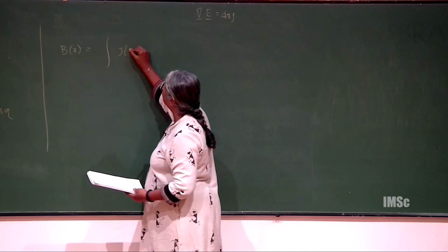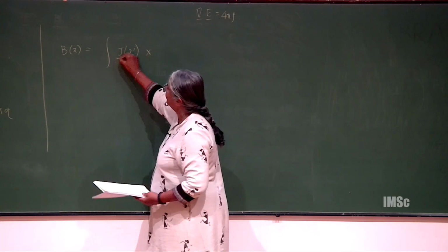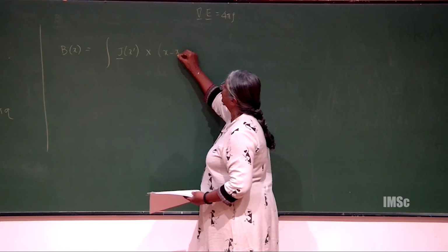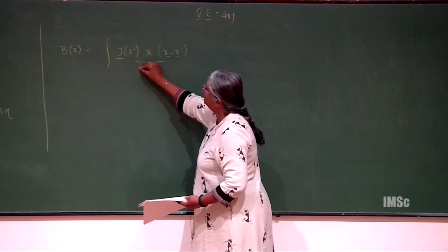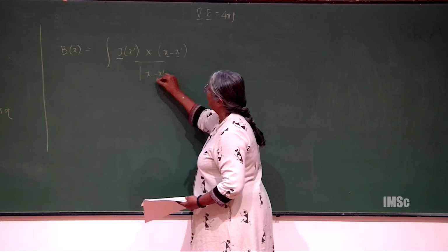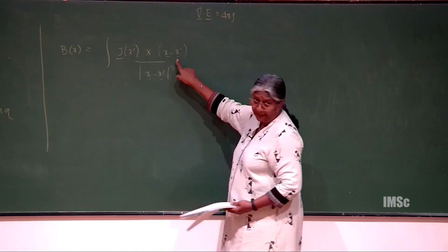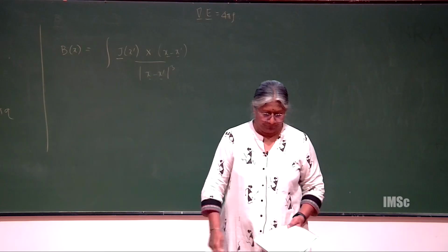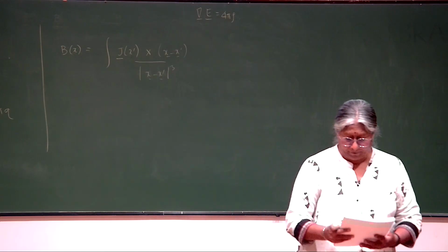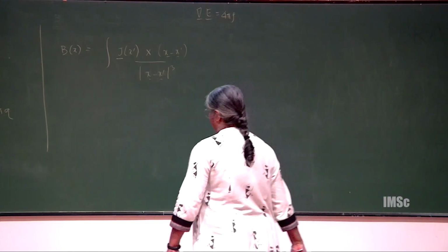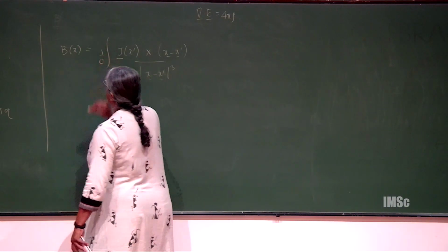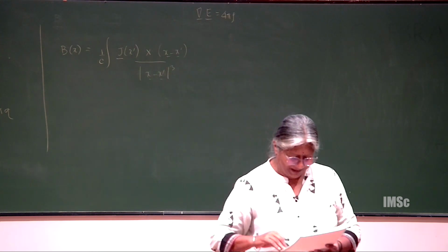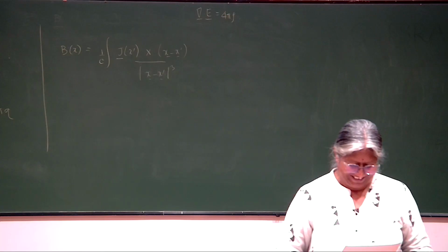So you will write J of x prime, and because that is a vector, you will write cross x minus x prime by, it's a 1 by r squared law, right? This has a dimension 1, so if I make it a unit vector, it is just 1 by r squared, right? And by the way, in my units, there is a 1 by c. These units you have to just fix somewhere, okay? And you hope that the textbook got it right.